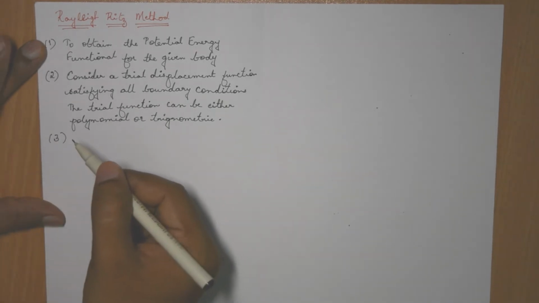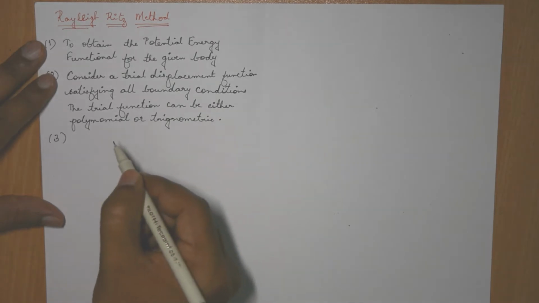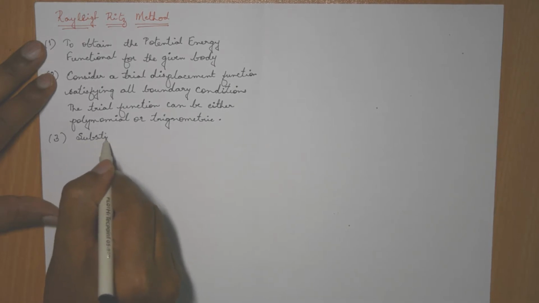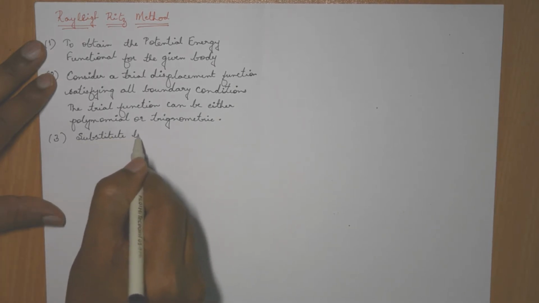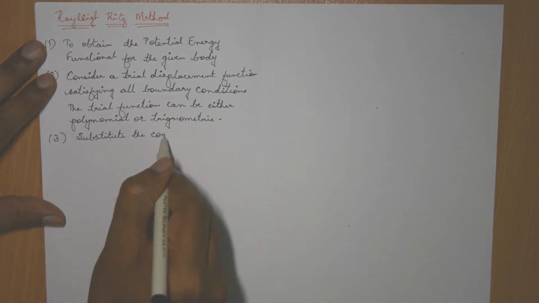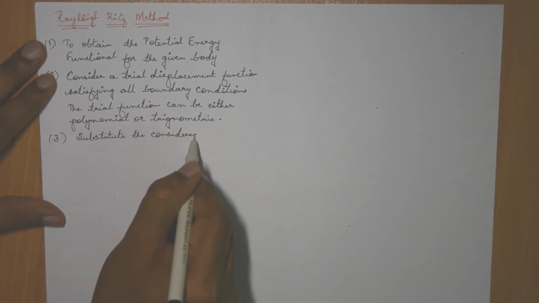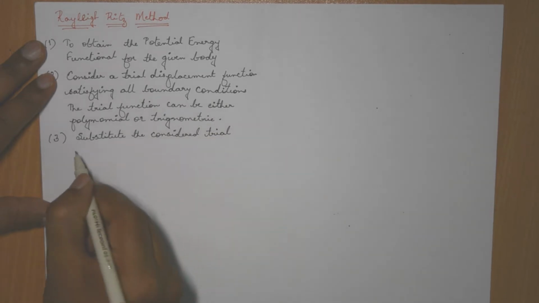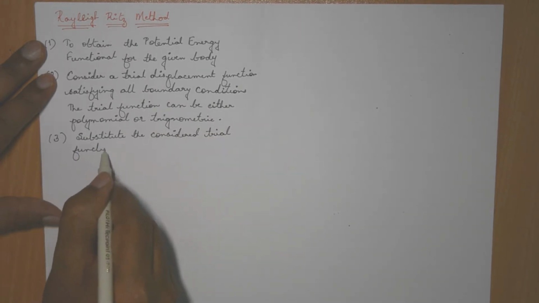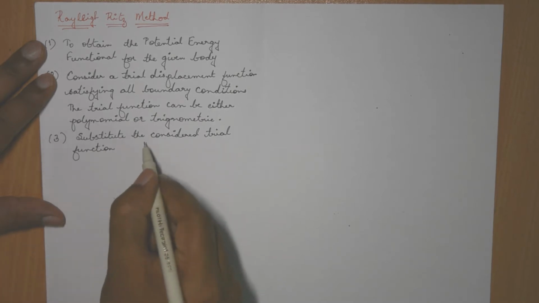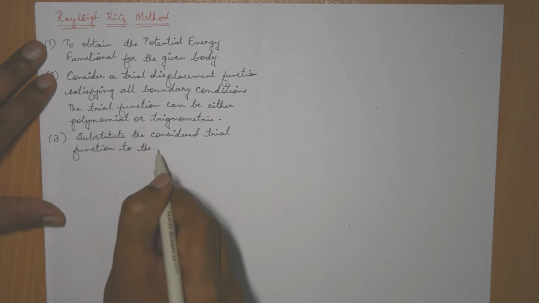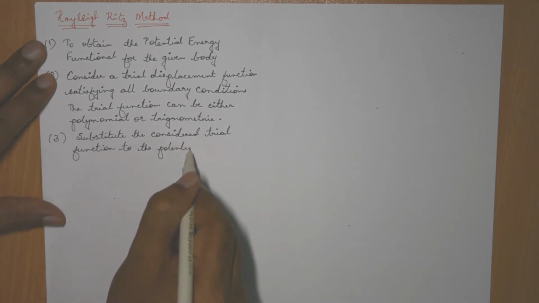So once you have assumed a proper trial function, the third step will be to substitute the considered trial function, which can be either trigonometric or polynomial, into the potential energy functional.